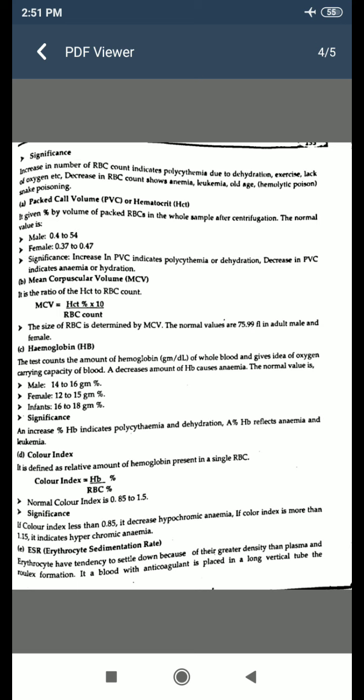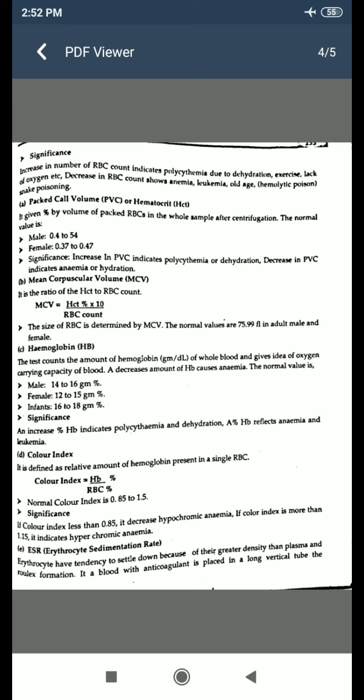The normal value is male 14 to 16 gram %, female 12 to 15 gram %, and infants 16 to 18 gram %. Significance: an increased percentage of hemoglobin indicates polycythemia and dehydration. A decreased percentage of Hb reflects anemia and leukemia.